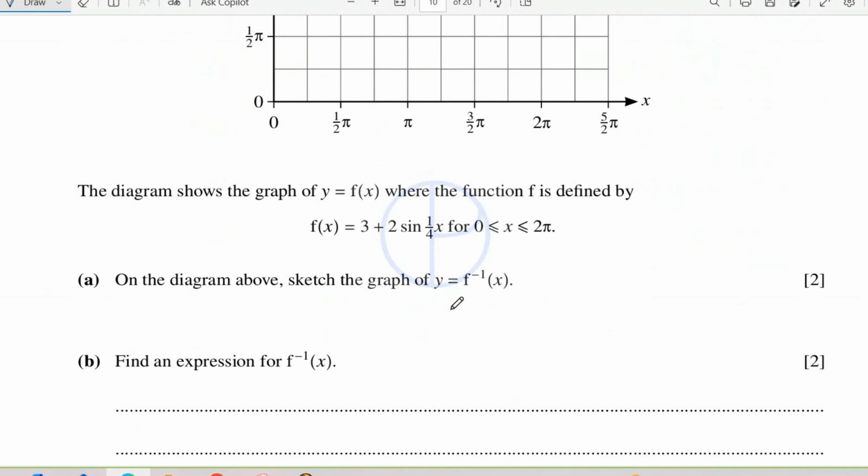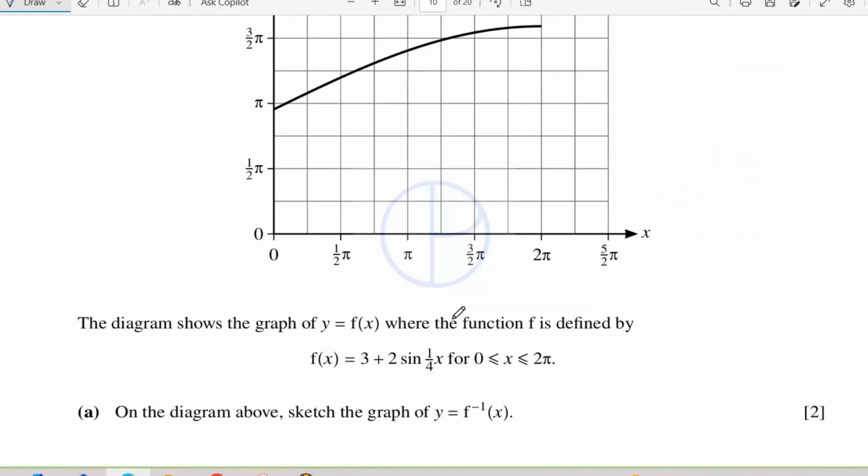Next, question number 9. The diagram shows the graph of y is equal to f of x, where the function f is defined by f of x equal to 3 plus 2 sine multiplied by 1 over 4x. On the diagram, sketch the graph of y is equal to f inverse of x.